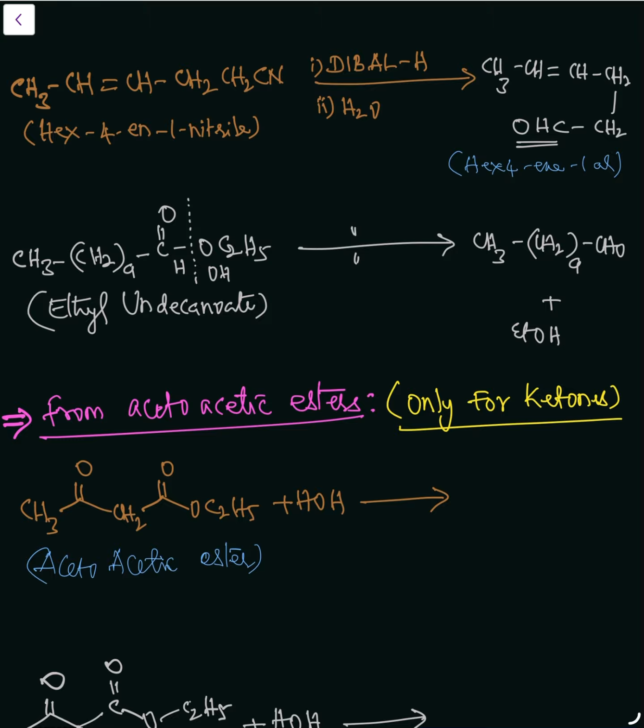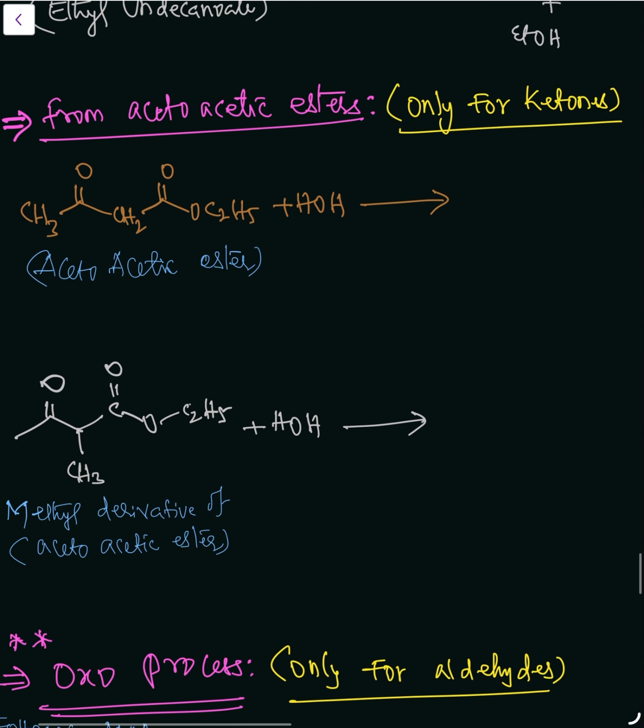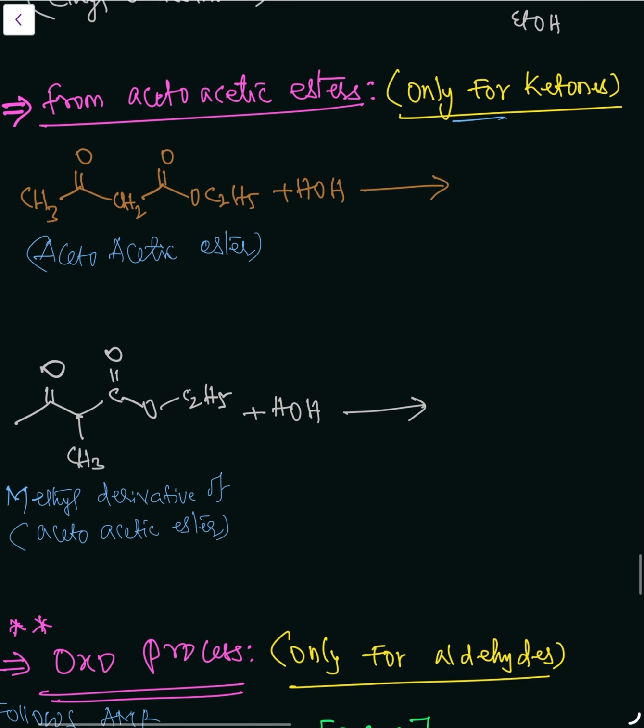The compound formed in this reaction is undecanal. Undecanal is the product. Next, from acetoacetic esters, only ketones are formed, that is prepared from this reaction. Now the acetoacetic ester, if you take like this, on hydrolysis the bond will cleave at this place, right?